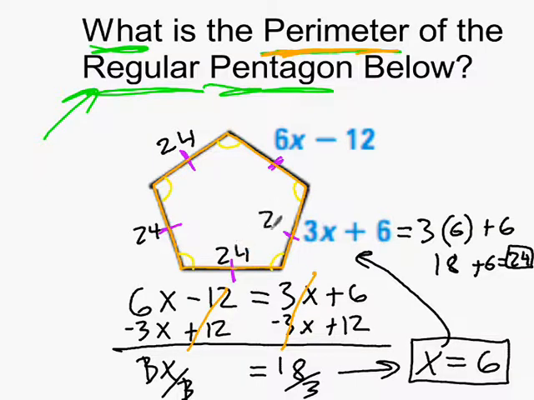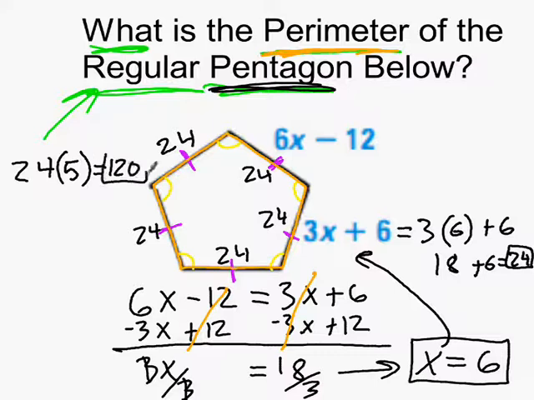This side's 24, and this side's 24. So then we're going to do the simple problem here of finding the length of all. I could do 24 plus 24 plus 24 plus 24 plus 24. Or I could say 24 times the pentagon, so I have 5 sides, multiplied by 5, which is going to be 120. So 120 is my final answer.